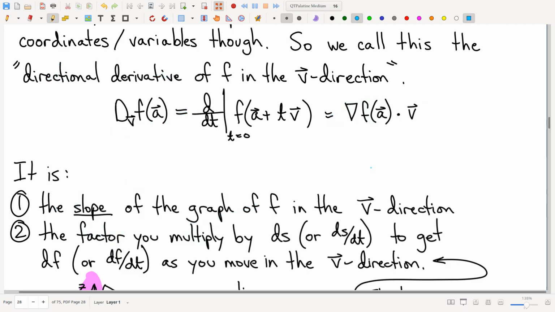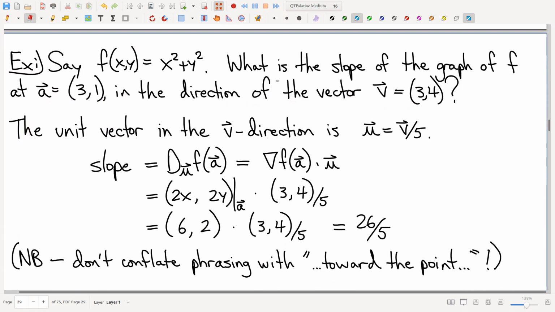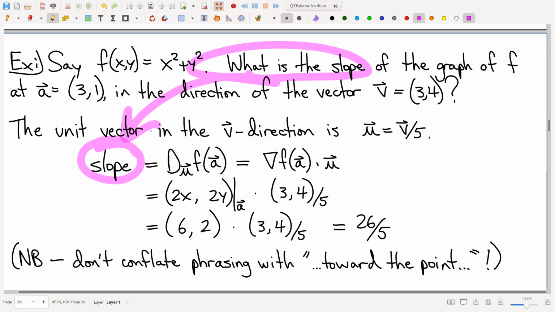Okay. So in particular, here's the computation. Let's see here. Yeah, so we want to compute the slope. Slope from the previous page is computed by directional derivatives. Directional derivatives are computed by this handy-dandy formula. And so all I got to do is compute the gradient.